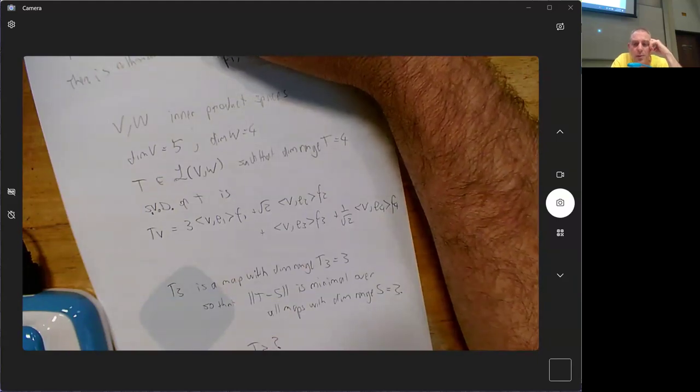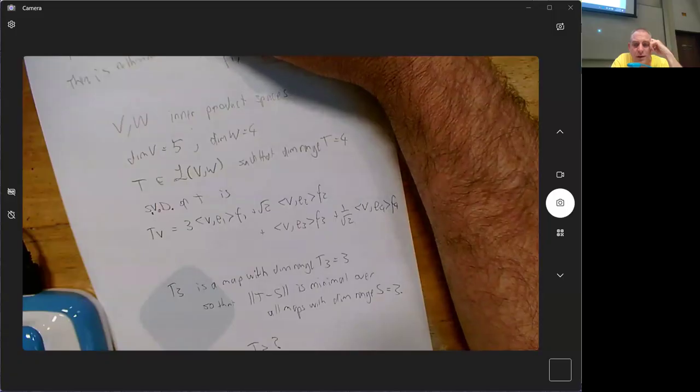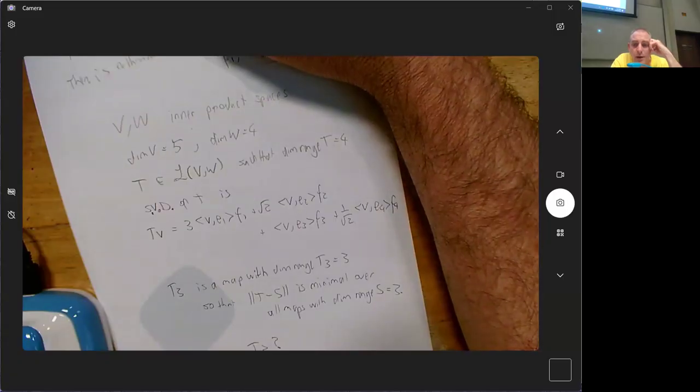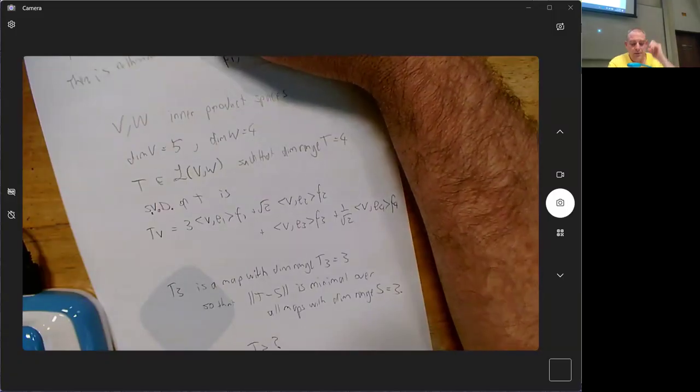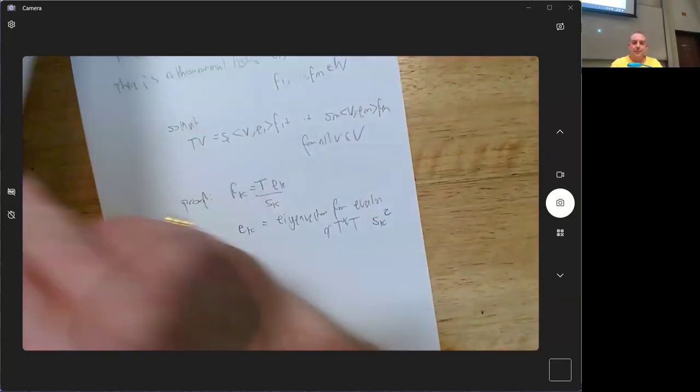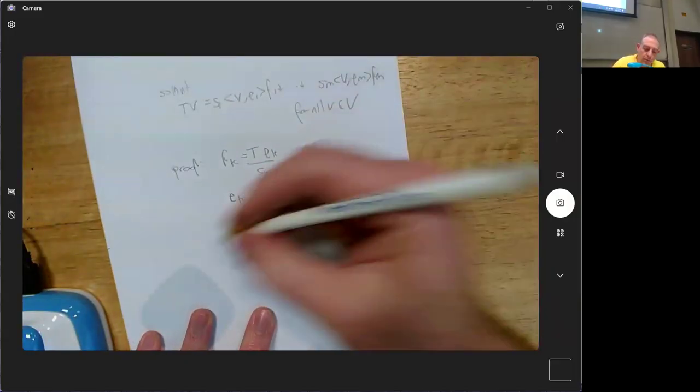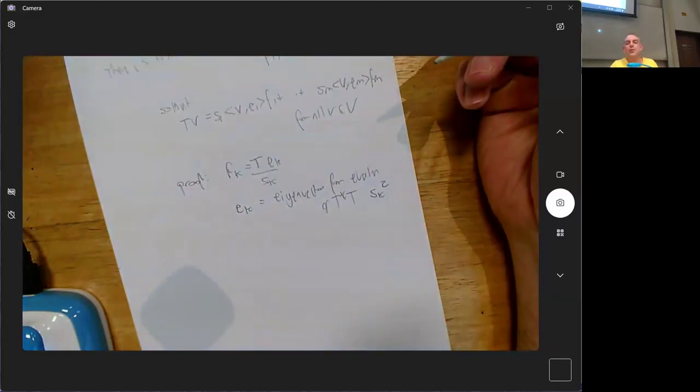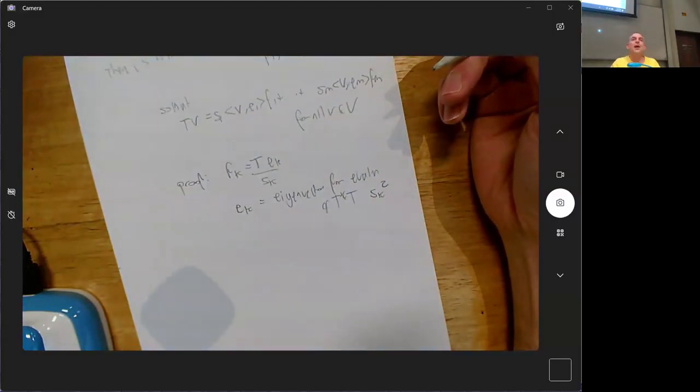So we've got an upper bound for the length of TV. Oh, here we go. There's my definition of the norm of a thing. It wouldn't have been the norm of a matrix. It would have been the norm of a linear map, because we don't have matrices.